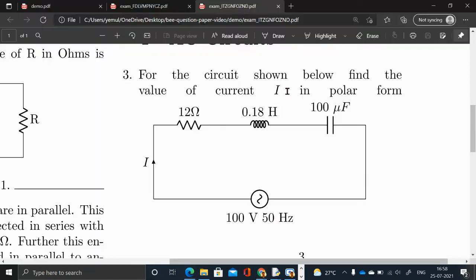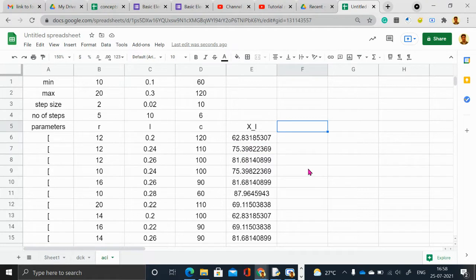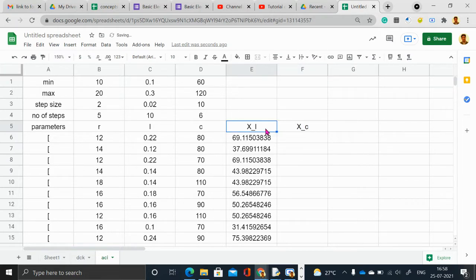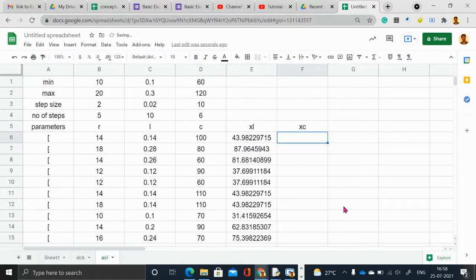Similarly, to continue solving this problem, the capacitance is there, so I can calculate the capacitive reactance, XC. That is just a label, so instead of this I'll say small x small l and then small x small c. Now, what is capacitive reactance?